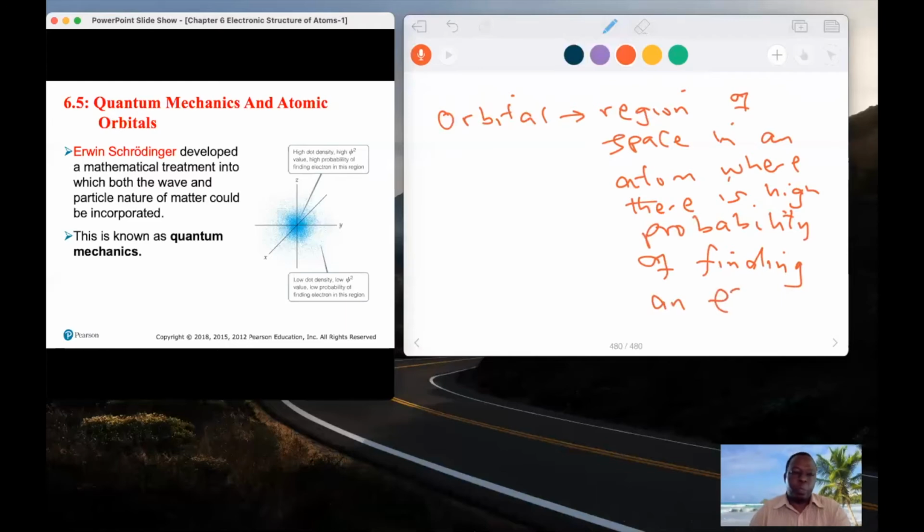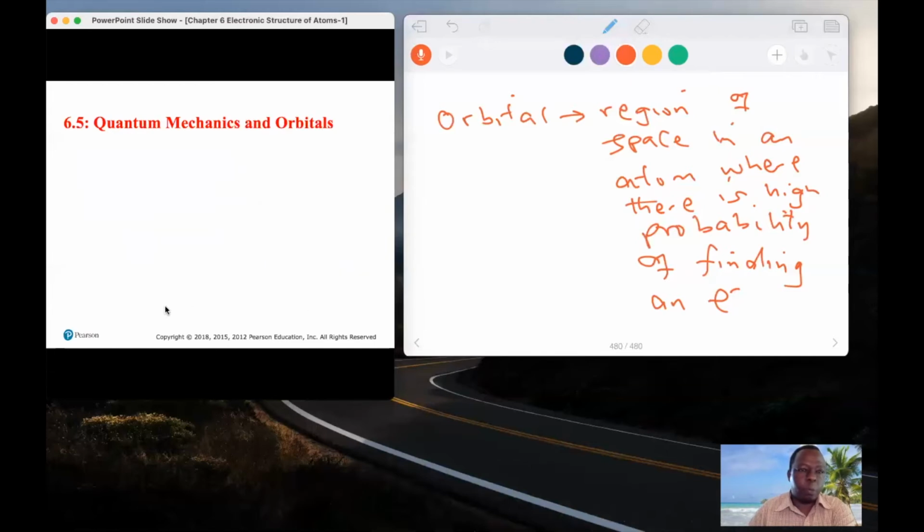We call that an orbital. An orbital is a region where there is high probability of finding an electron. The darker, more intense color is high probability. Away from the nucleus, low probability.